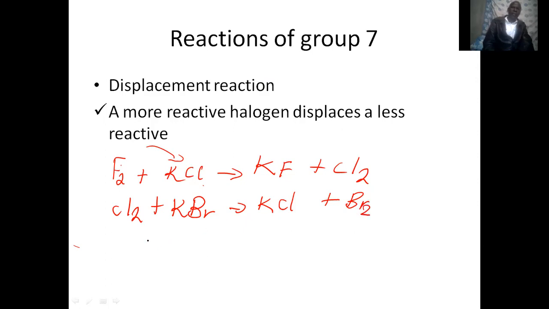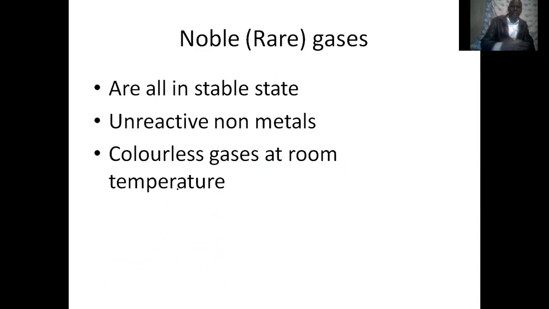We said these are diatomic. But a reaction where bromine reacts with potassium chloride will not take place, because bromine cannot displace chlorine as it is less reactive. This is what is known as the displacement reaction.